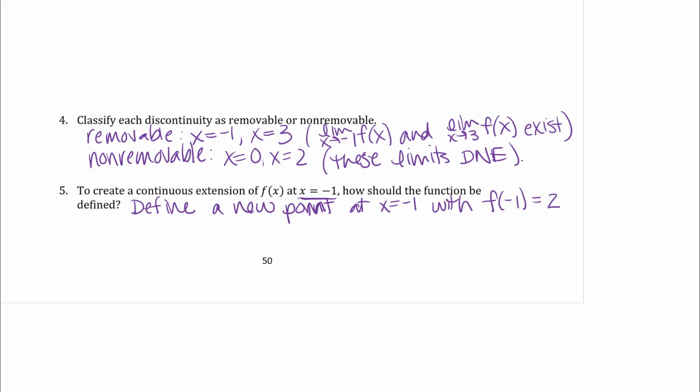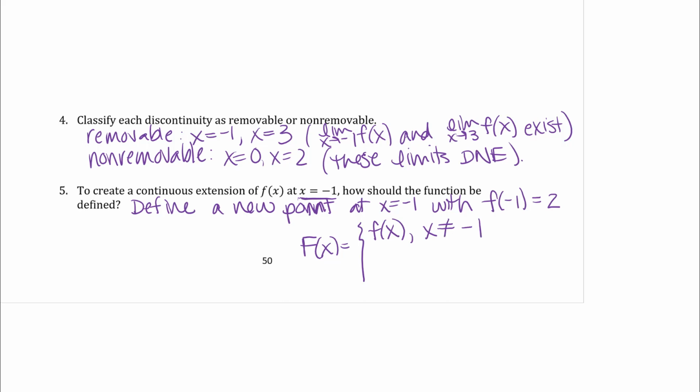There are some times where they might want you to write that in function notation. Our textbook uses a capital F of x to define a continuous extension of a function, little f of x. So we would use whatever the function equation is for little f of x. We don't have an equation, we just have the graph here, so I'll just write little f of x. So I'm going to use that function everywhere except at x equals -1.